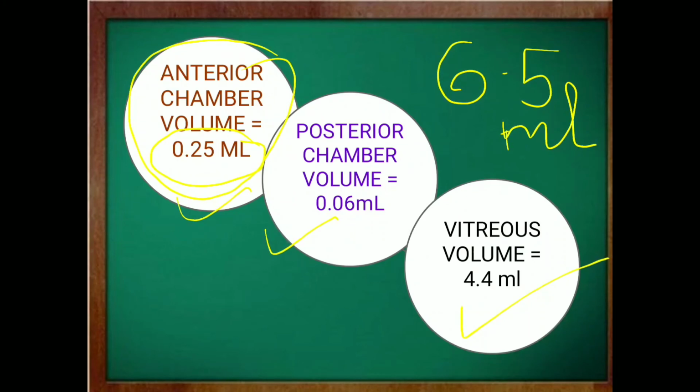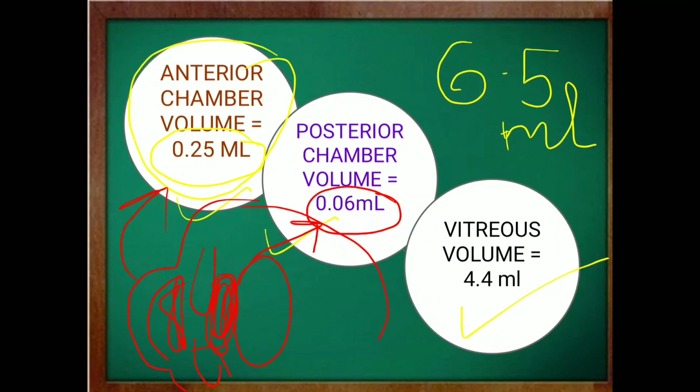If this is the iris and this is the lens and this is your cornea, the part which is anterior to the iris, between the iris and the cornea, is your anterior chamber, so that is about 0.25 ml. The part which is present behind the iris and the lens, between the lens and the iris, is called the posterior chamber, and that volume is about 0.06 ml.